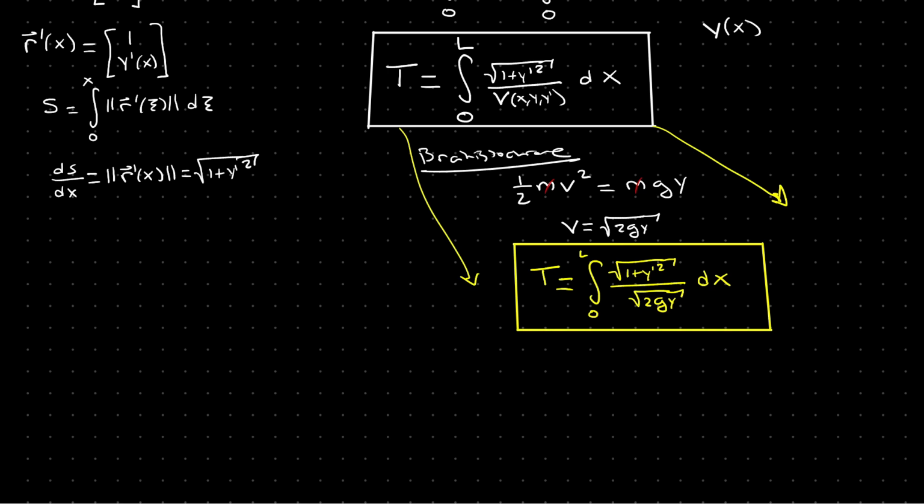For the more general scenario, the more general functional here, you have some multivariable function. It's this entire thing, and I'll indicate this entire thing right here is just a multivariable function of three things. It's a function of x, y, and y prime. Whereas in the simplified scenario, that's more applicable to the Brachistochrone problem, the integrand is a function of just two things.